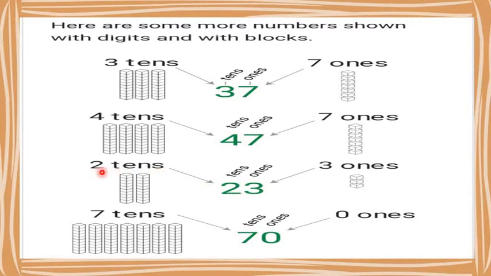So we can say that it is 2 tens and 3 ones. 23 is equal to 2 tens and 3 ones. Then we have the number 70. So we can say that it is 7 tens and 0 ones. 70 is equal to 7 tens and 0 ones.